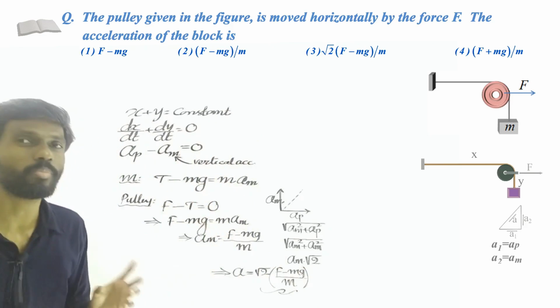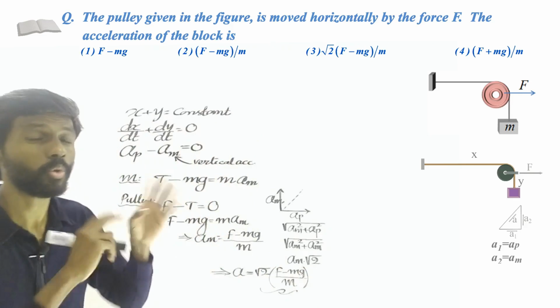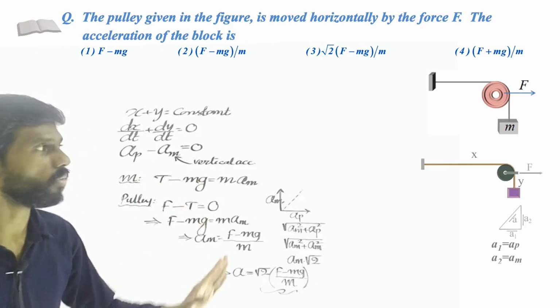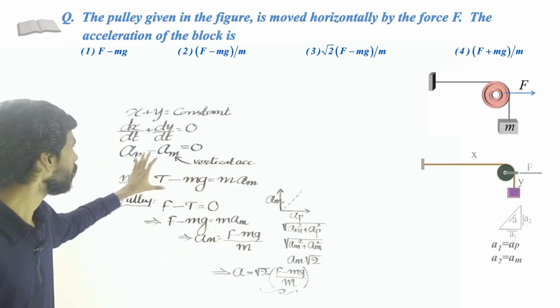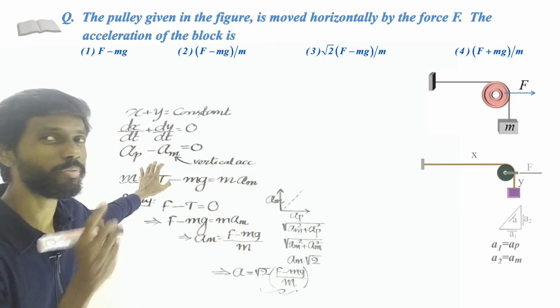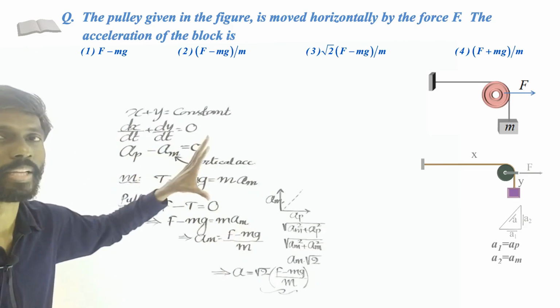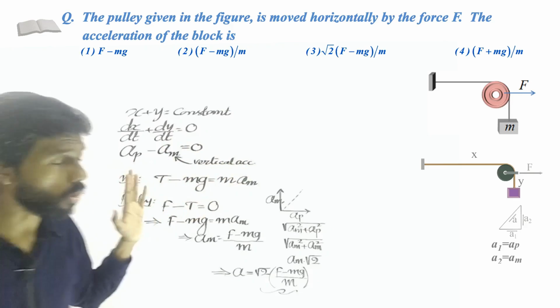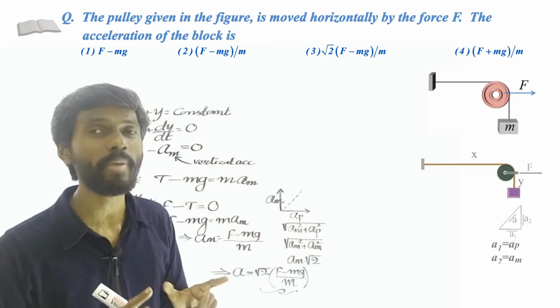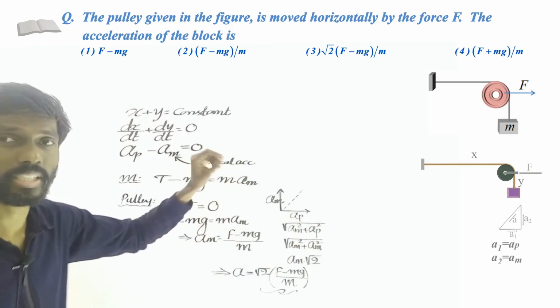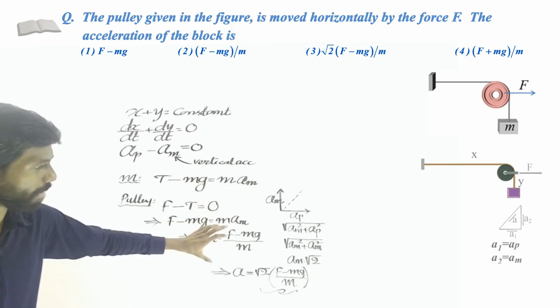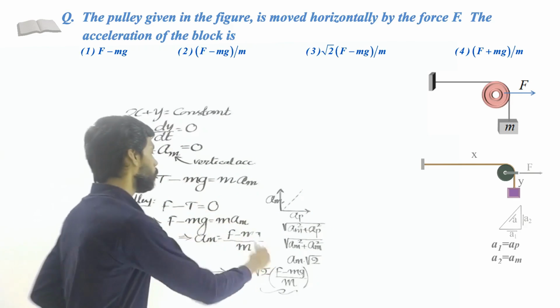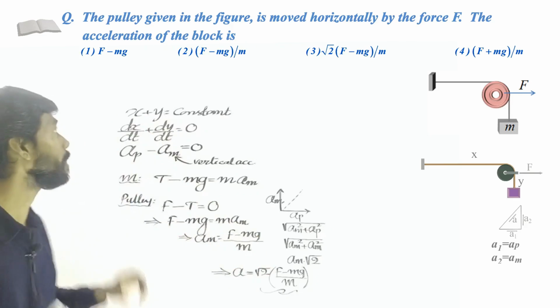This block is moving in two directions, so there are two components of the acceleration. One in the vertical direction, which we found using the variable method this time, which is easier here. Similarly, it also has the horizontal acceleration, which is the same as the acceleration of the pulley itself. Combining them, we get the answer: root 2 multiplied by F minus mg divided by m.